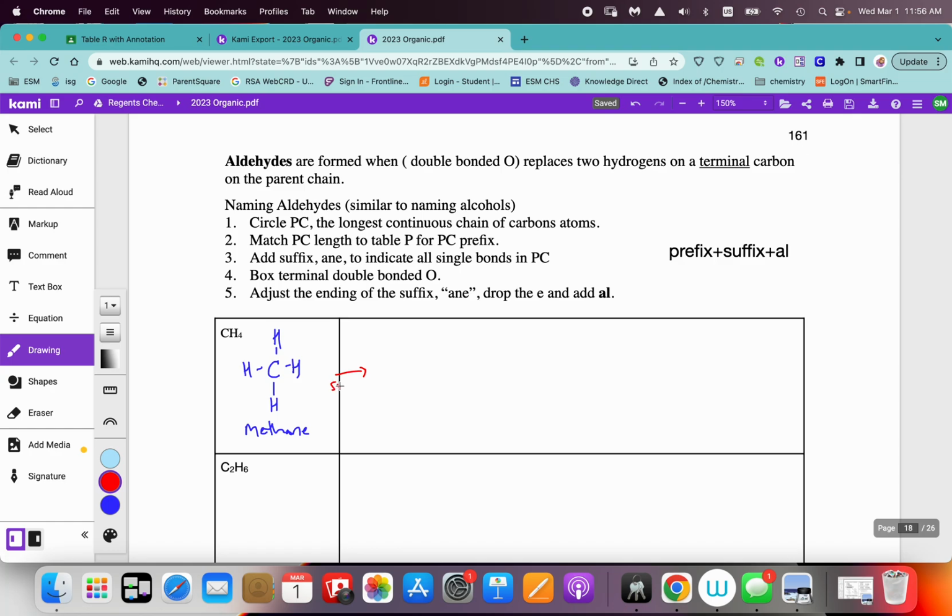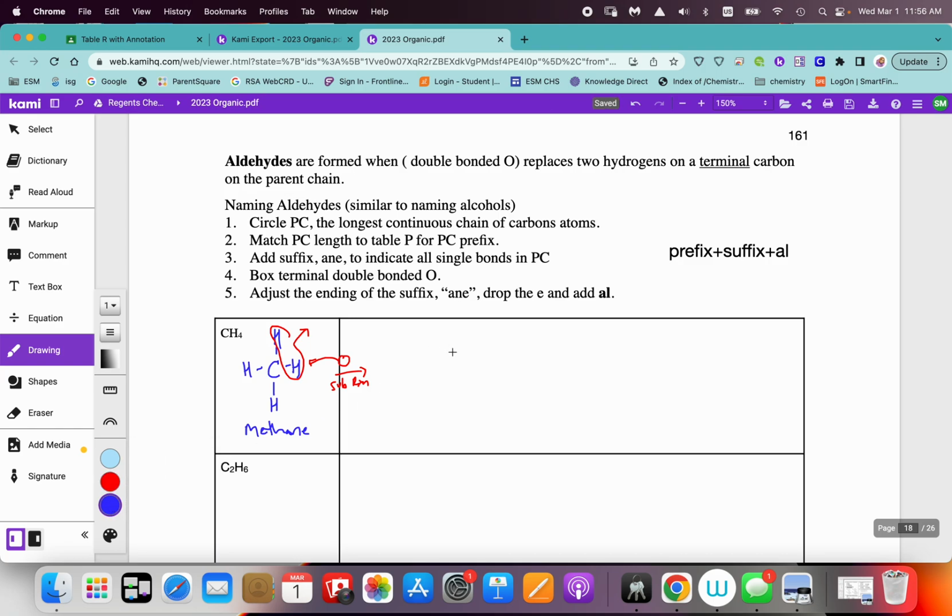So we're going to do that substitution reaction, and we're going to add an oxygen. So remember, oxygen has to form 2 bonds. And so when it comes in, this oxygen is actually going to substitute out 2 hydrogens. It's going to come in and kick those guys out.